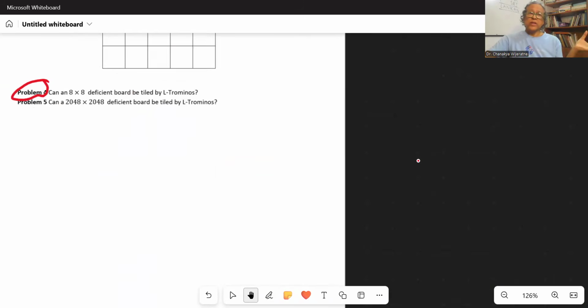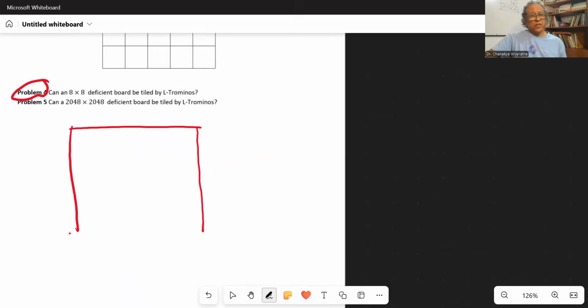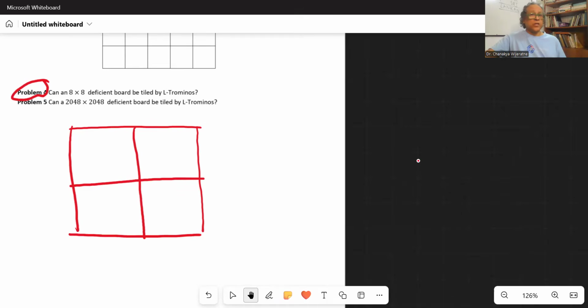So now we have shown that a 4 by 4 deficient board can be tiled by L-trominoes. Now we're going to use a strategy. We're going to divide this into 4 4 by 4 boards, right?